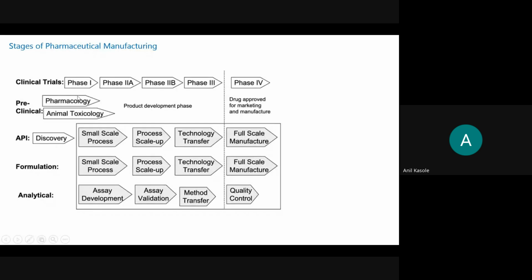Between phase 1 and phase 2 they do the small-scale process, then move that into larger scale, and before they move into the final production, that is phase 4, they need to apply technology transfer, meaning engineering changes from this scale to this scale. So this is the compliance every industry needs to follow.